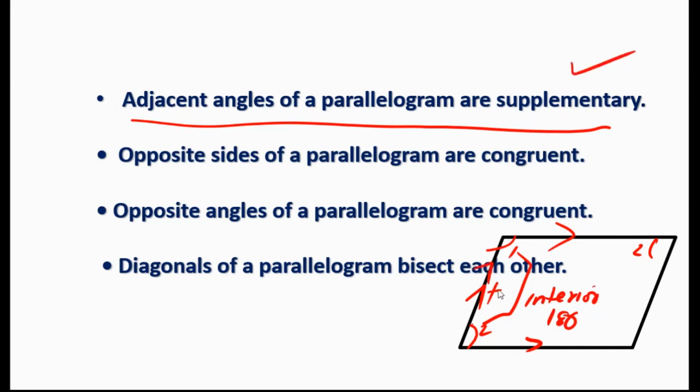If you consider these two as parallel and this as transversal, then this angle 1 plus 2 also will be interior angles, and their sum also will be 180 degrees. That is the statement. Interior adjacent angles of a parallelogram are supplementary. So this is another property of parallelogram.